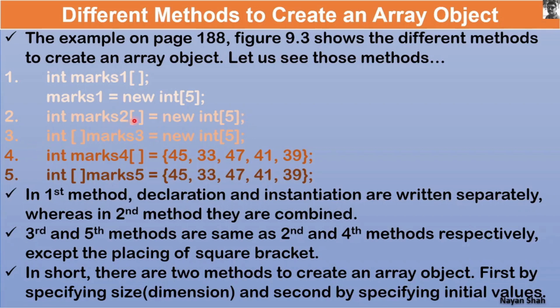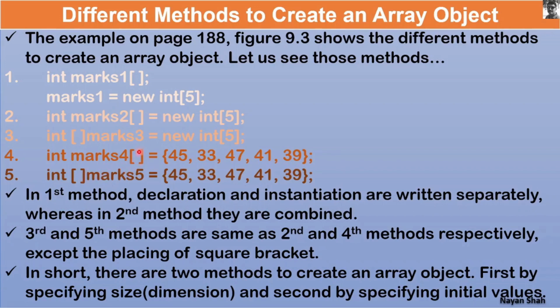Third method, we just change the placement of the square bracket and we write integer square bracket marks 3 is equal to new integer 5. Fourth method, we don't specify the size, rather we write the initial values. So we say integer marks of 4 is equal to 45, 33, 47, 41 and 39. And fifth method, again same, only the placement of the square bracket is changed.